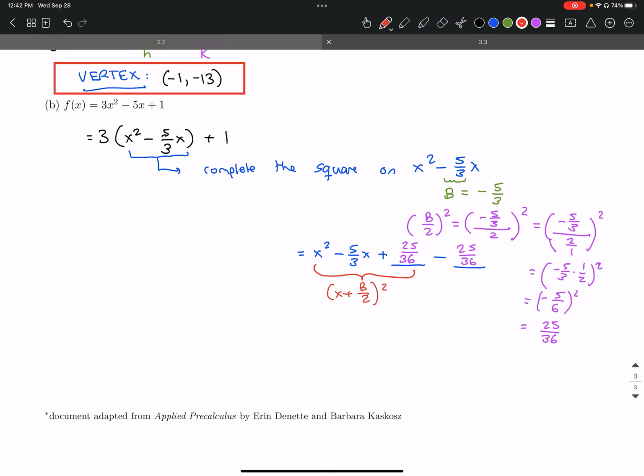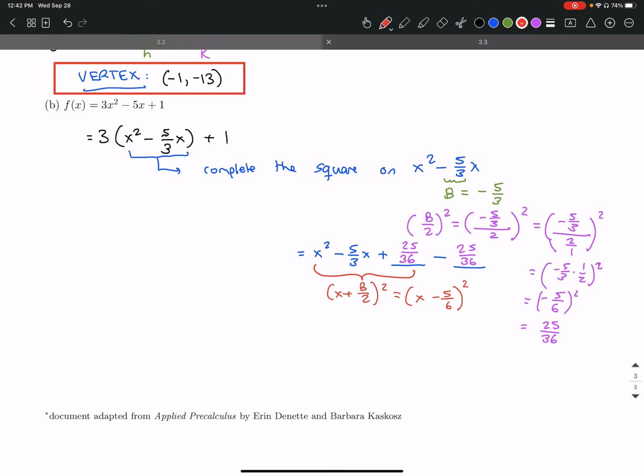Now, b over 2 is what was inside this set of parentheses, or negative 5/3 over 2, which ended up being negative 5/6. So I could think of this as x plus negative 5/6 squared.